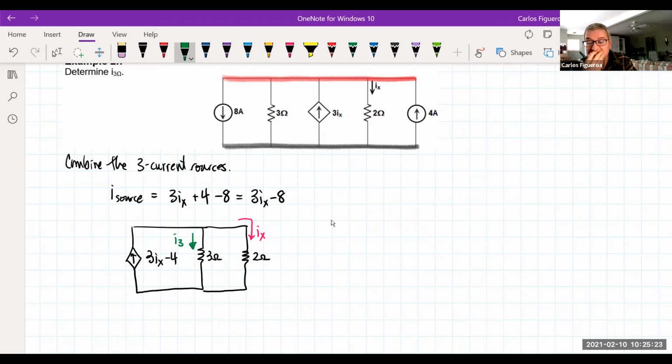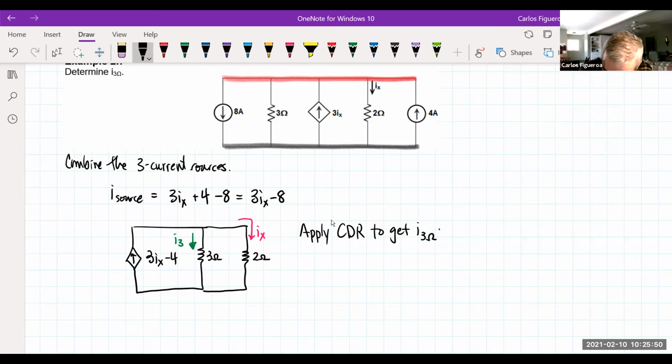So the question is, I can treat this using simple circuits. I'm going to treat this as any circuit here. Since I have a current source and I have two resistors in parallel, I'm going to go in and actually do that. So now I'm going to apply CDR to get the current I3 ohm.